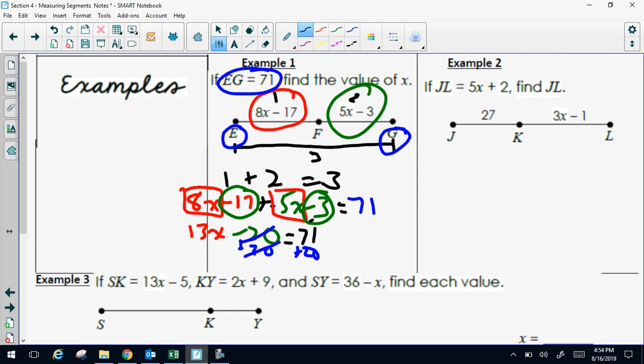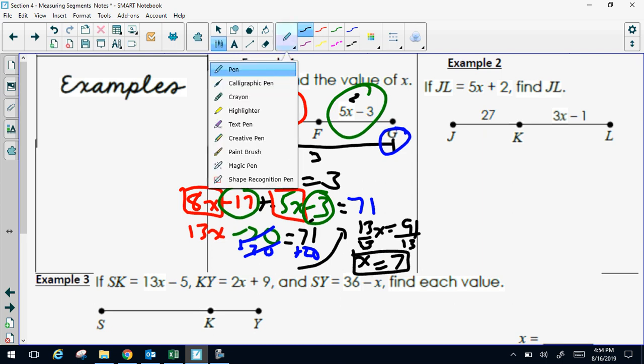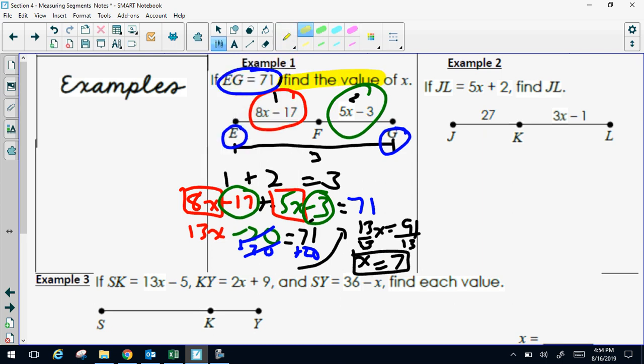So 13x equals 91. When we divide by 13, x is going to equal 7. Once we get x, double check the question. It says find the value of x. We did that, so x is 7.